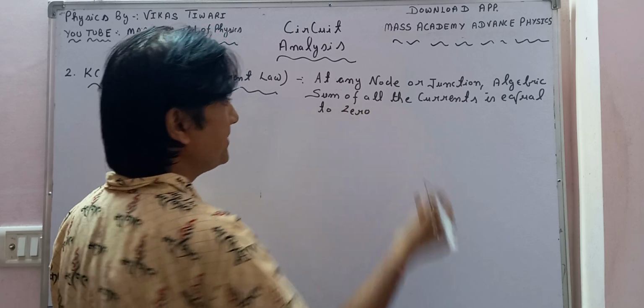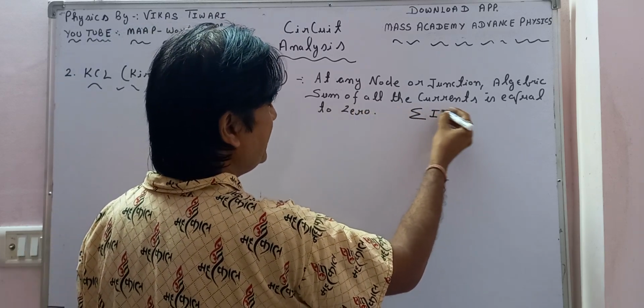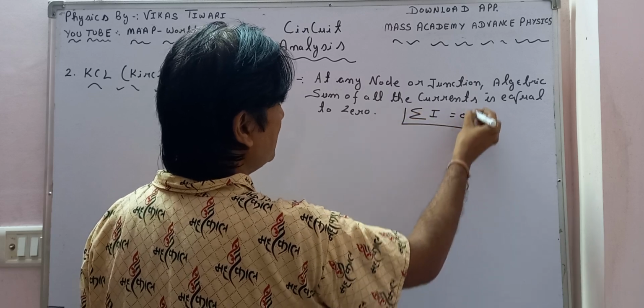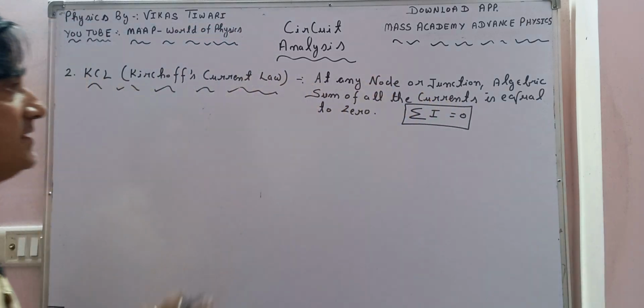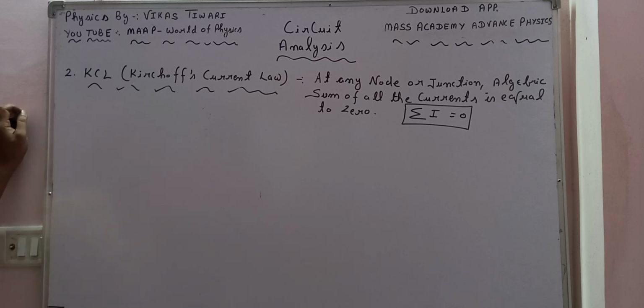Mathematically, we can say summation of I is equal to 0. This is the basic statement, which is very simple, and its mathematical representation is also simple.